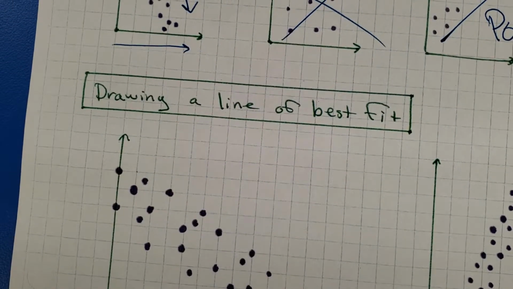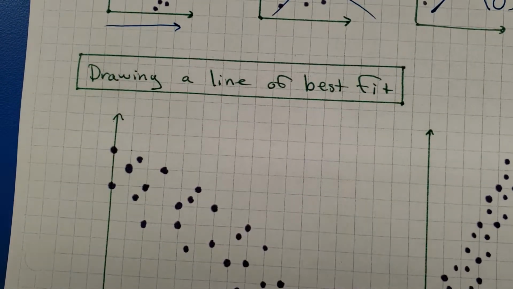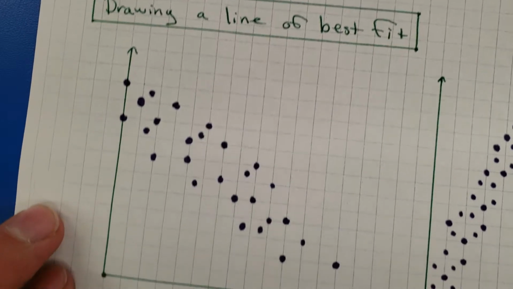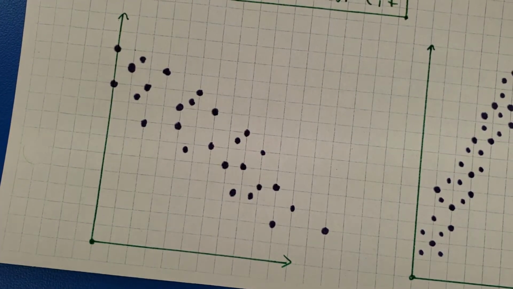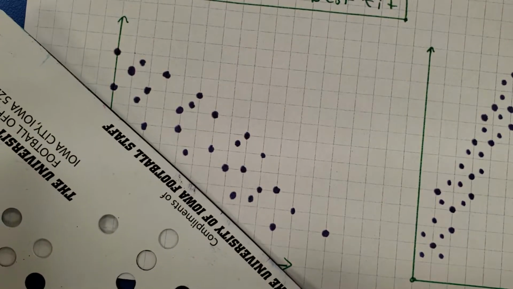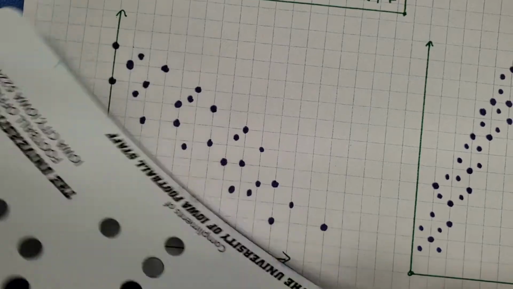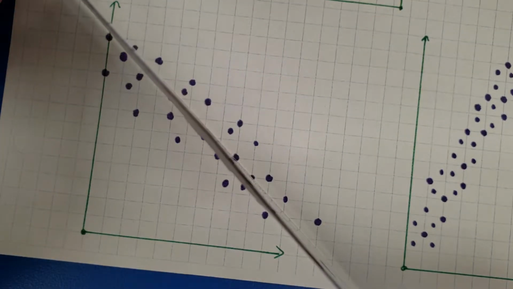Now, you can make a line of best fit by hand. It's not the most accurate way, but you can do this by hand. So what do I mean? You want to make a line that's going to generalize the pattern here. You kind of want to chop the data in half, where half of your values are on one side, half are on the other. That's pretty good right there.